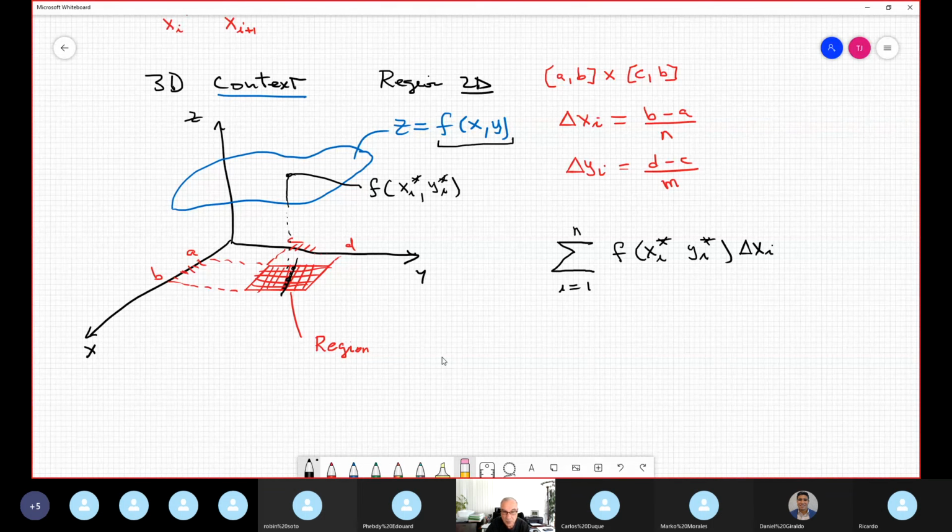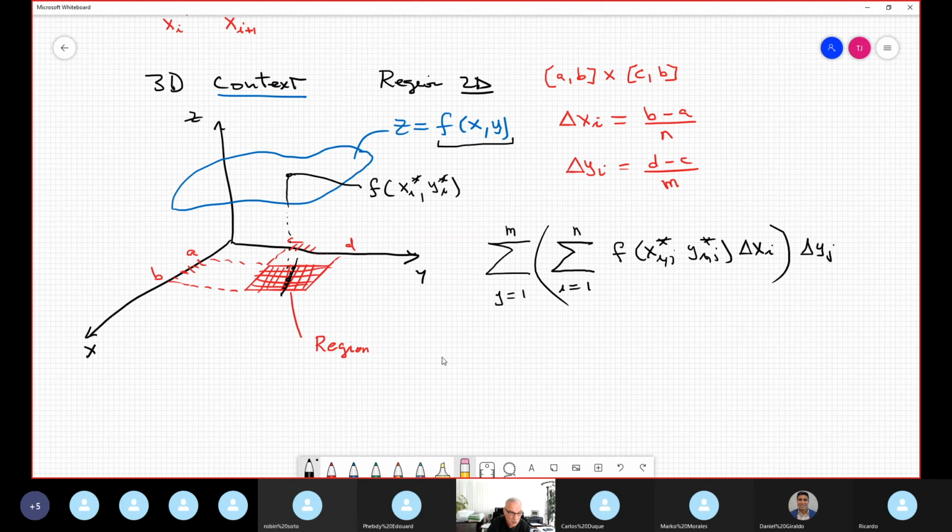That is to say, you need to move, of course, slowly in the Y direction. So suppose j from 1 to M, because the partition is different in Y, of delta yj. Actually, this point has double subscript i comma j.